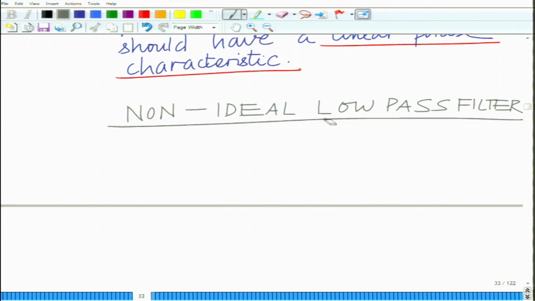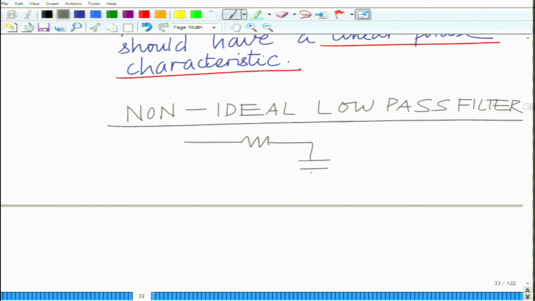Let us look at a non-ideal low pass filter, which is simply given by this RC circuit, the simplest.